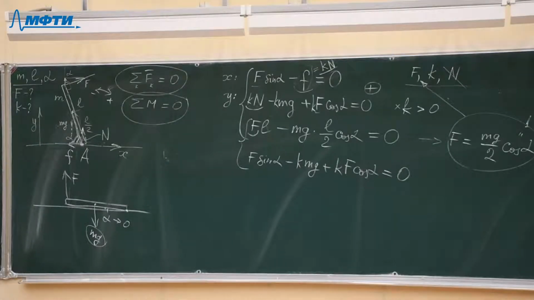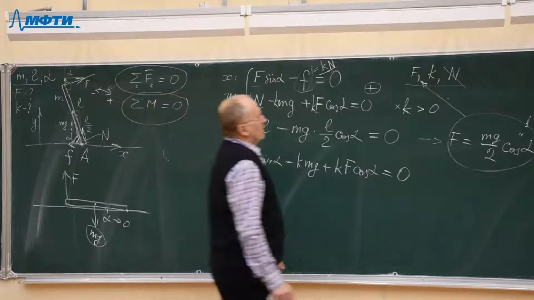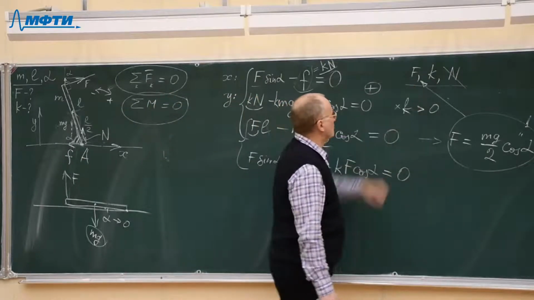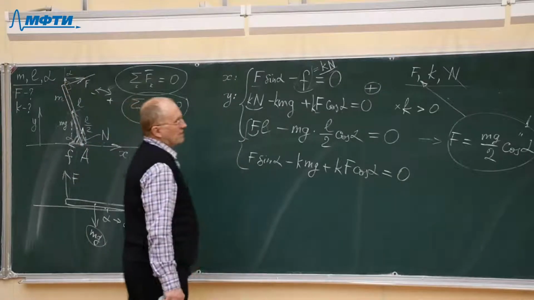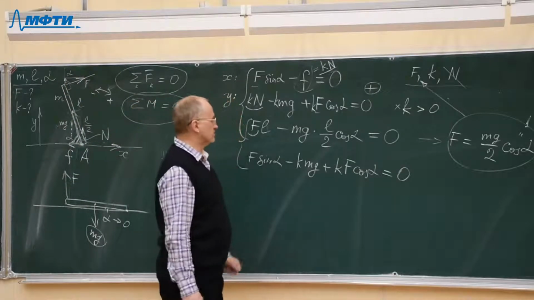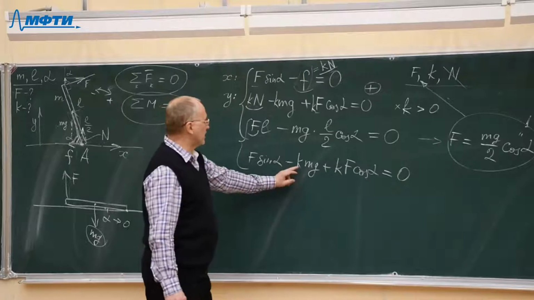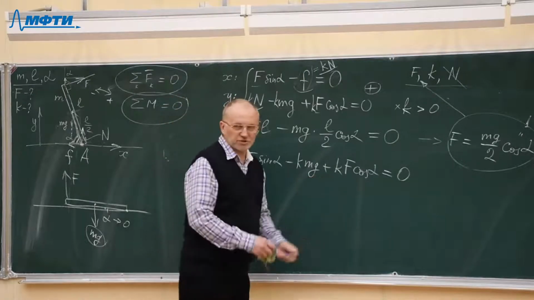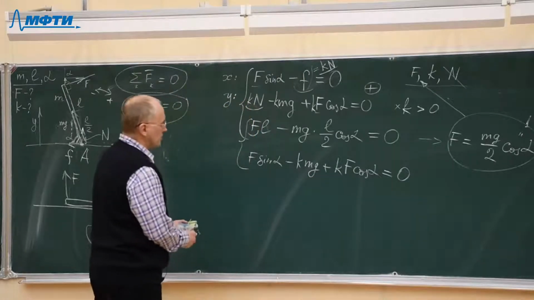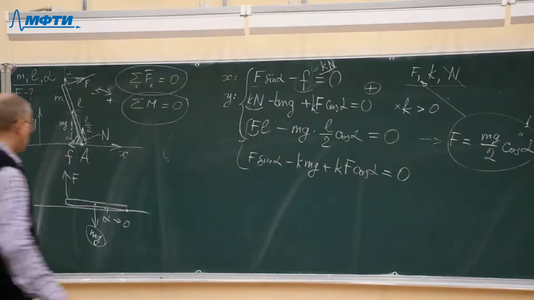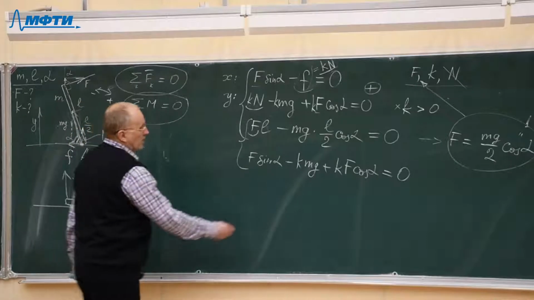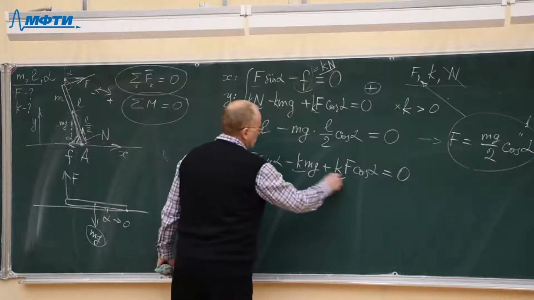Okay, we have found F. We have found the force with which we have to pull the string in order to keep this rod in a stable, static condition. But we have also to find a coefficient of friction, which can now be found from here, from the last equation. Coefficient of friction is here and here.